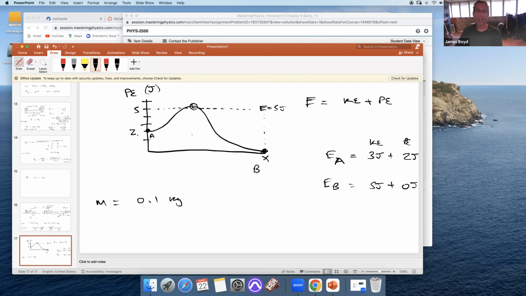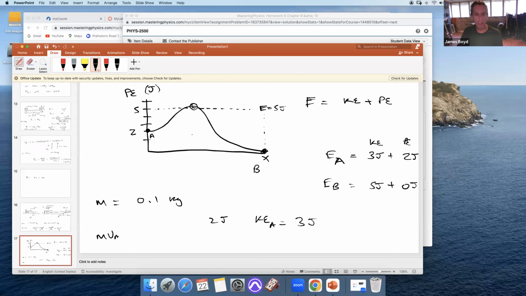At A, it already has 2 joules. So the kinetic energy at A has to equal 3 joules because when it gets to the top, it's going to need to have 5 joules of potential energy. So the kinetic energy at A had better be 3 joules so that the 2 joules of potential plus the 3 joules of kinetic equals enough energy to get over this hill.